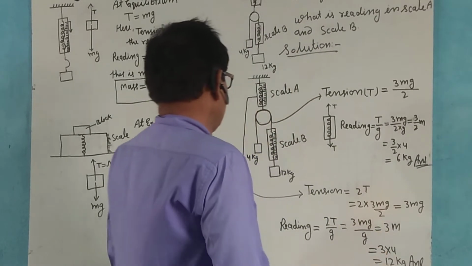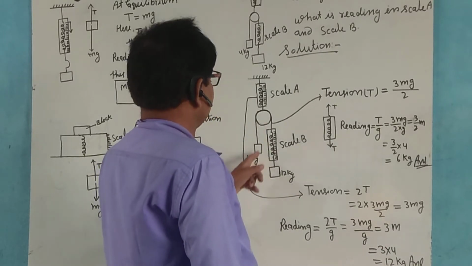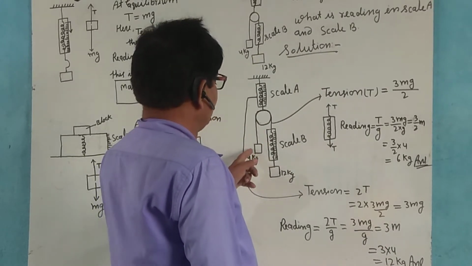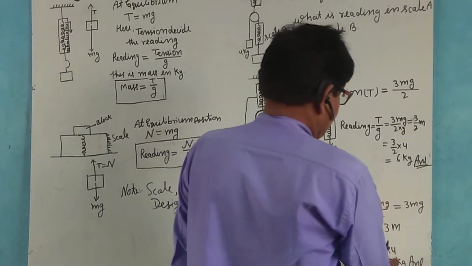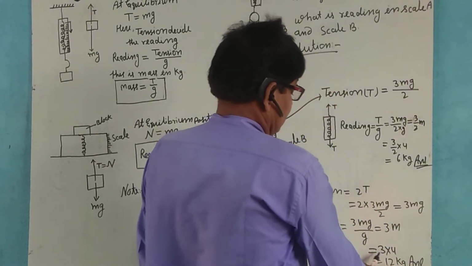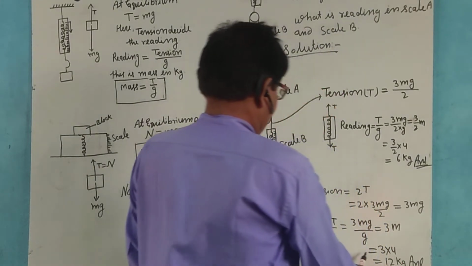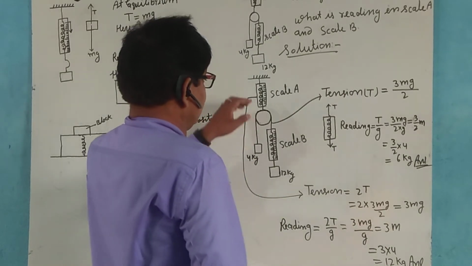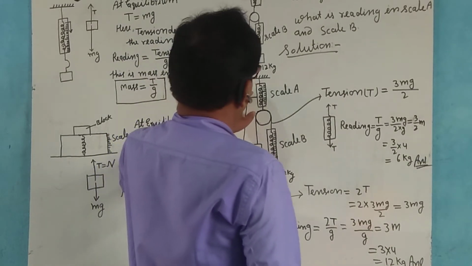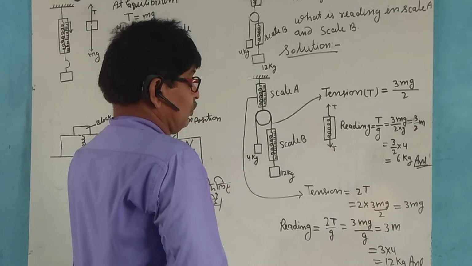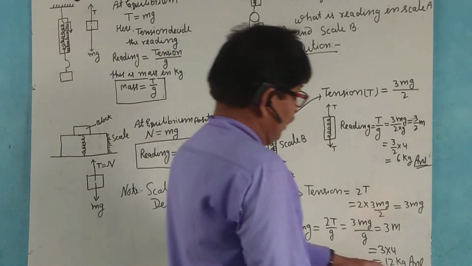Now putting m equal to 4, 4 threes are 12 kg, so scale A reads 12 kg.